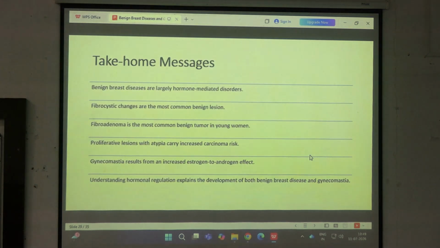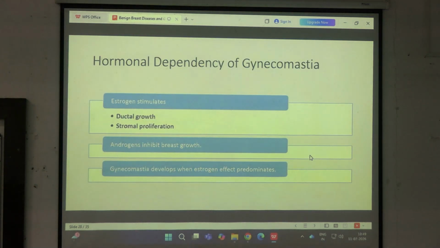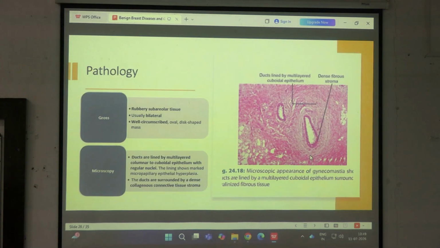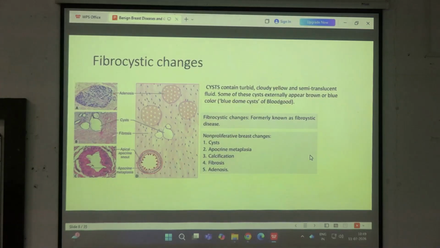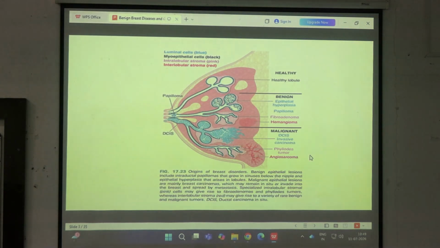The first picture, this is a papilloma. It occurs in these large ducts. That's why it will lead to bloody nipple discharge.